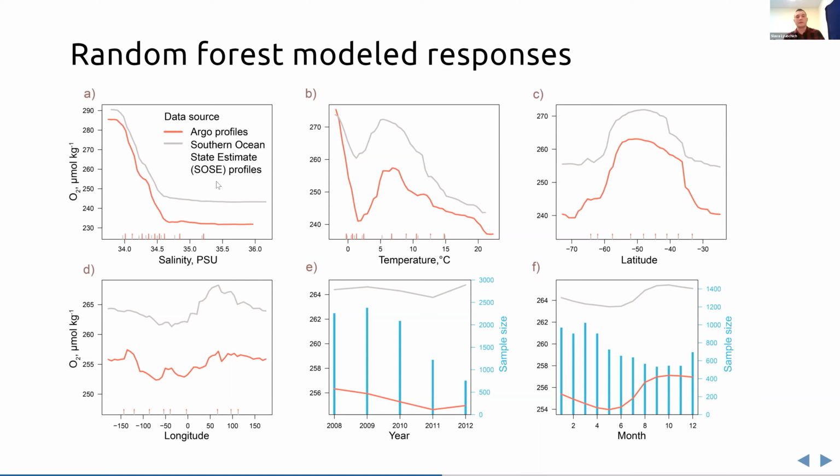Another is the profiles sampled from a model called Southern Ocean State Estimate at exactly the same locations and times. So with model data, we were able to evaluate the errors when we extrapolate, basically seeing the regions where the random forest performs well or not.